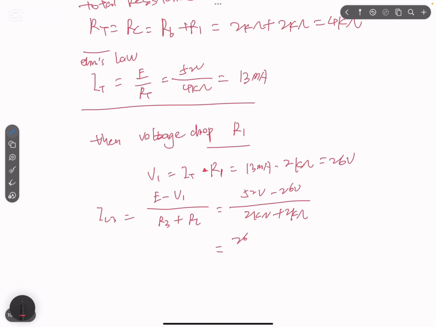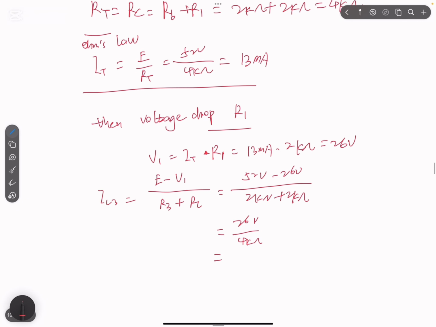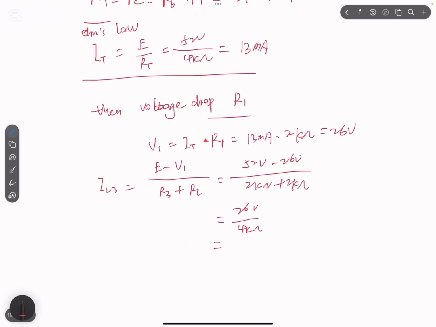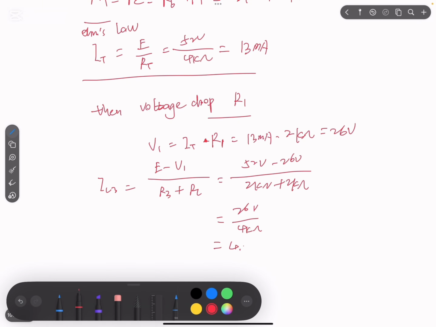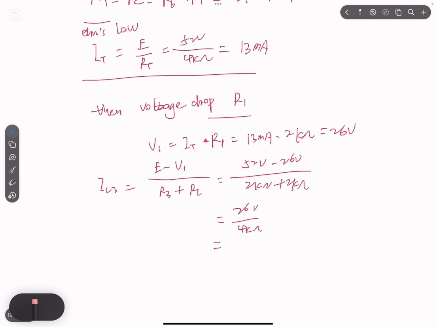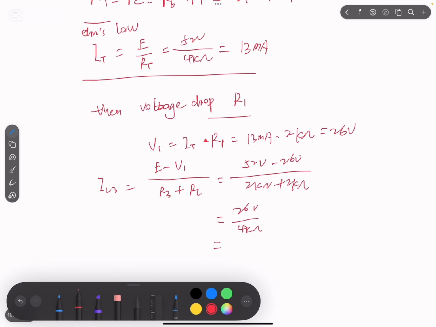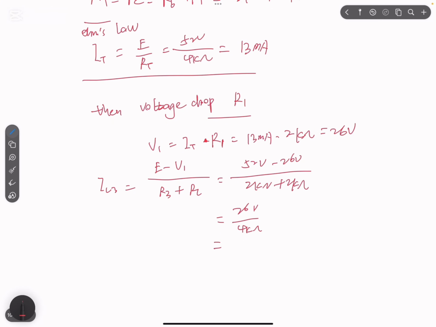That will be 26 volts divided by 4 kilo ohms, which is 6.5 milliamps.